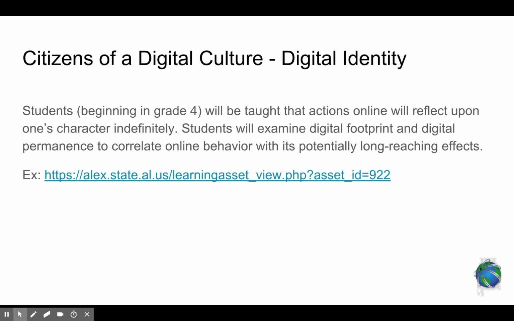And just like driving and getting your driver's license when you're 16, we don't wait until they turn 16 and get their license and have a car before we start teaching them how to drive. You do that in advance. So even though students are not supposed to have social media accounts until they're 13, we need to get ahead of that and help students understand how to properly use these to protect themselves and to start building their permanent digital identity well in advance of that.